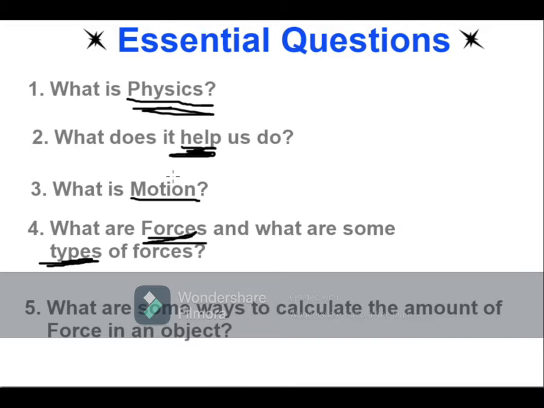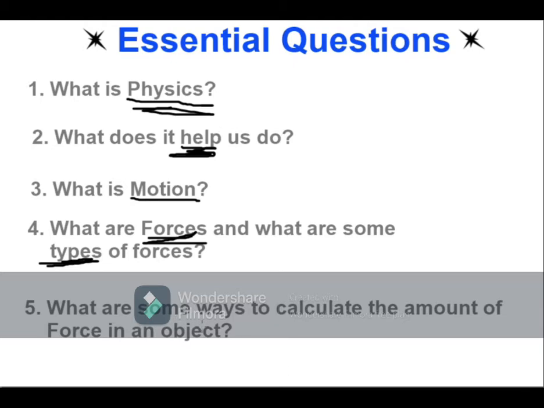You might be thinking what non-contact and contact mean. Non-contact means when a force is acting on an object without touching it, like gravity does when you jump. A contact force is when a force is acting on an object by touching it, like when you slide something across a rough surface and it stops because of friction.